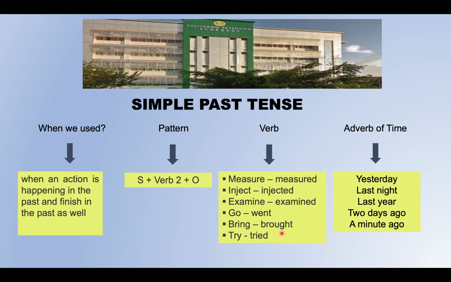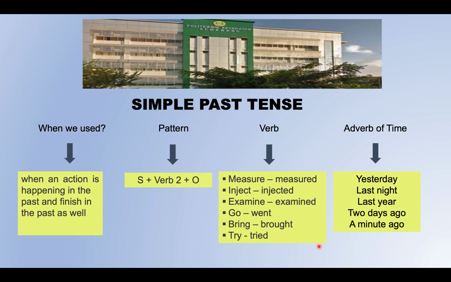So the pattern here, you can see subject, verb 2, and an object. What verb is used in this simple past tense? Verb 2. We remember there is a rule or regulation about verb 2.